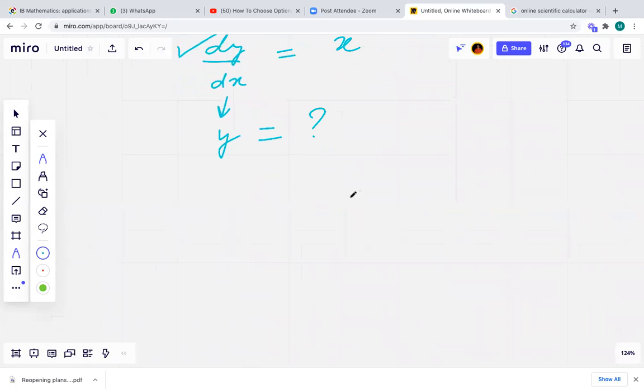Now see, suppose I have y equal to f of x.